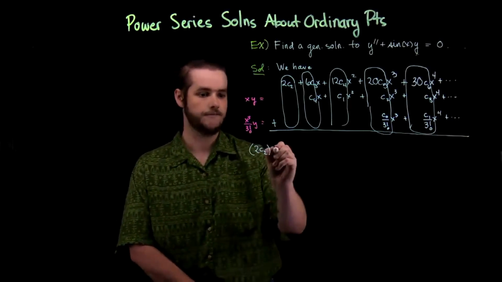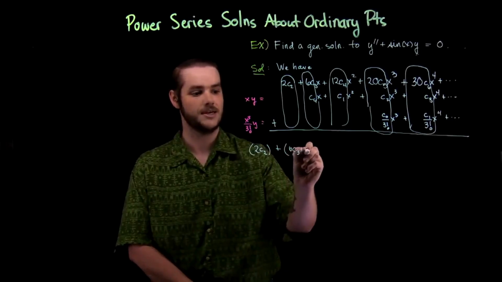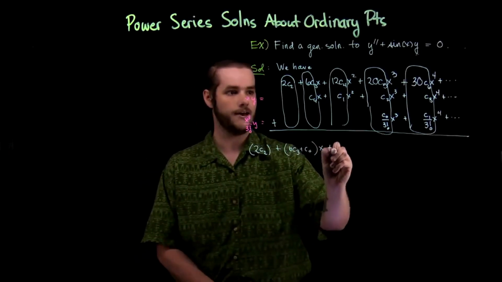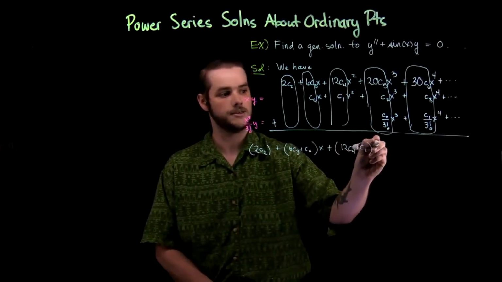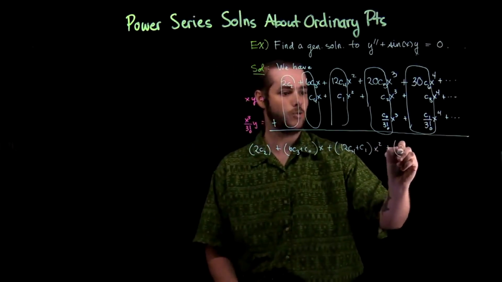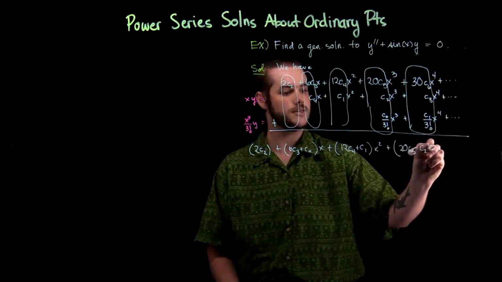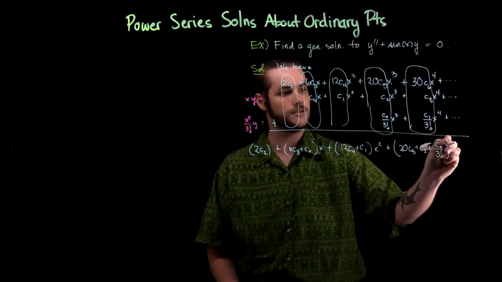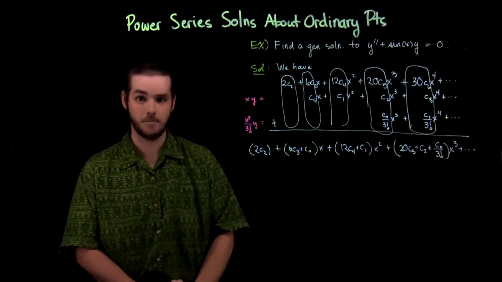In terms of degree 1, I have (6c3 plus c naught) x. In terms of x squared, I have (12c4 plus c1) x squared. In terms of x cubed, I have (20c5 plus c2 plus c naught over 3 factorial) x cubed, and so on. And this is a power series.